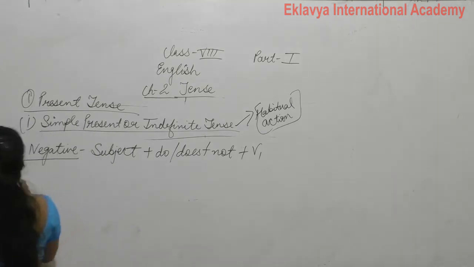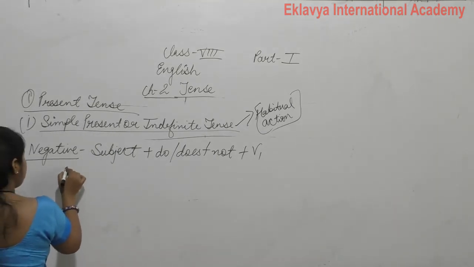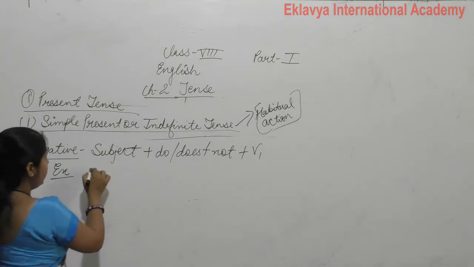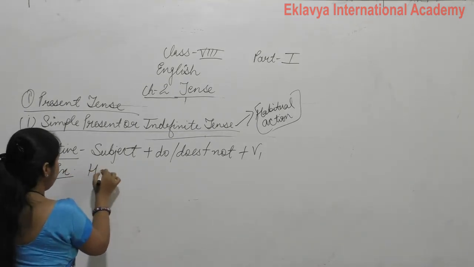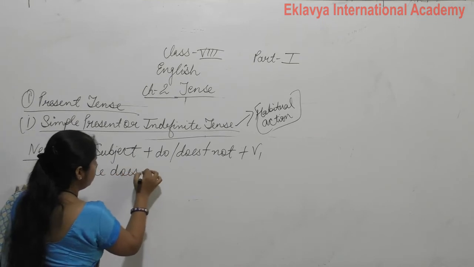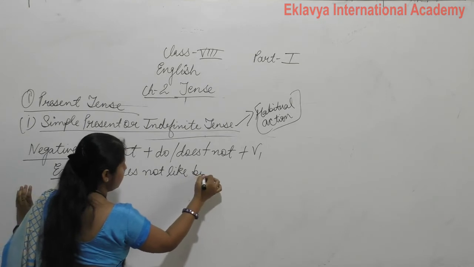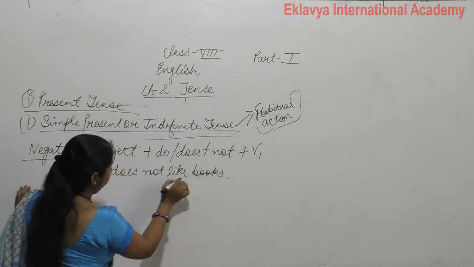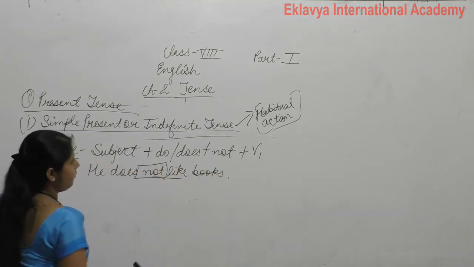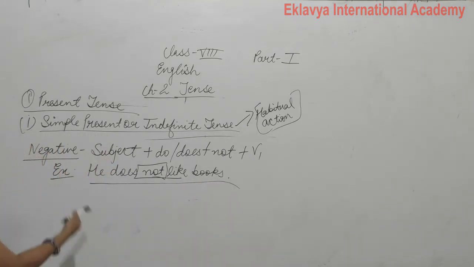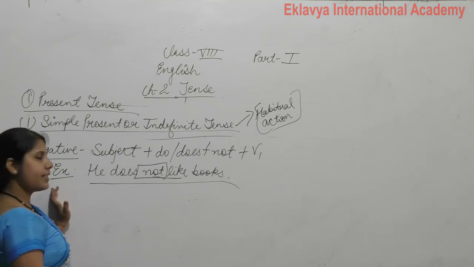Okay. Now, for example, he does not like books. Here we use negative not, so this way we use the negative form. This way we make negative sentences.